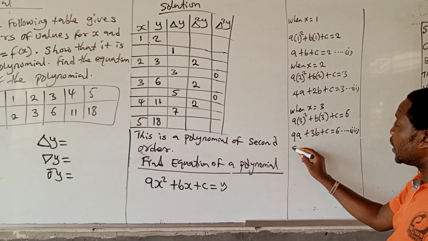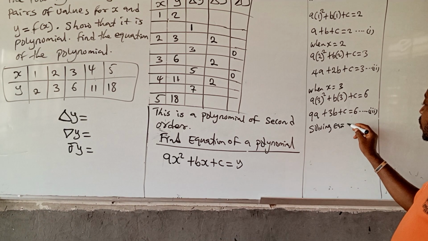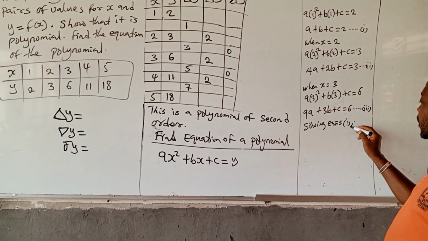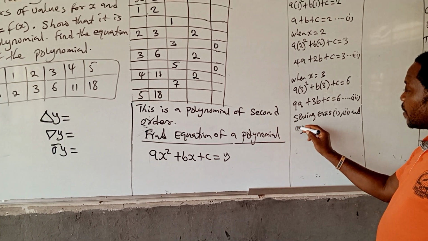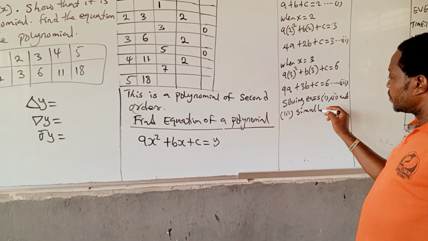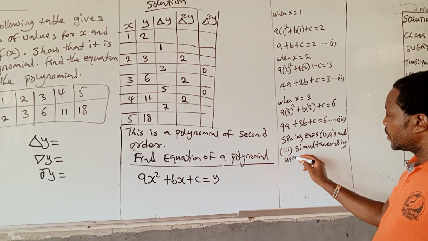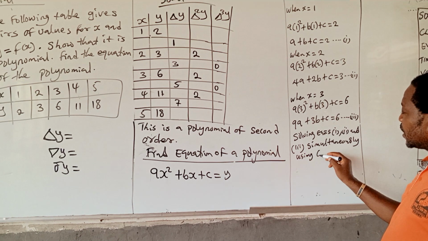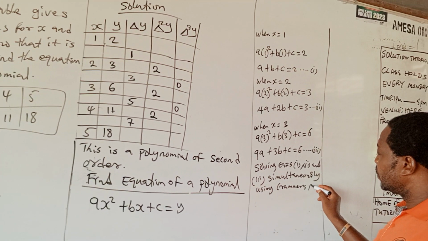But what we are going to do now is solve equations 1, 2, and 3 simultaneously using Cramer's rule.